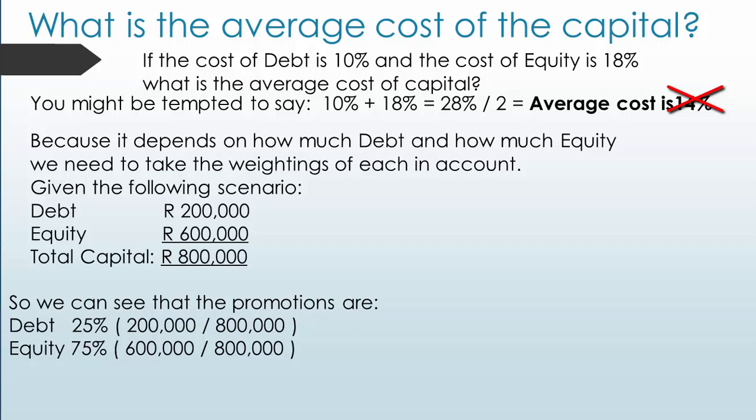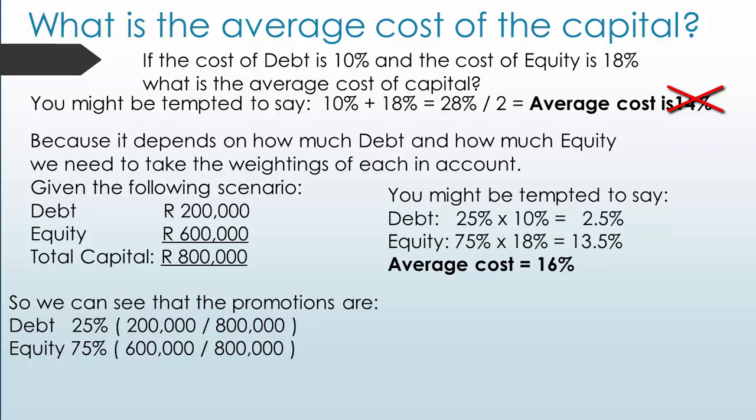You would then take this and apply it to what you've got previously. And you might be tempted to say, well, we're going to take the debt of 25% multiplied by its cost, which we've been given, which is 10%. And then you take your equity, 75%, and multiply it by the 18%. You get its proportion, and you'd add those 2 proportions up, and now you get the average cost of 16%.